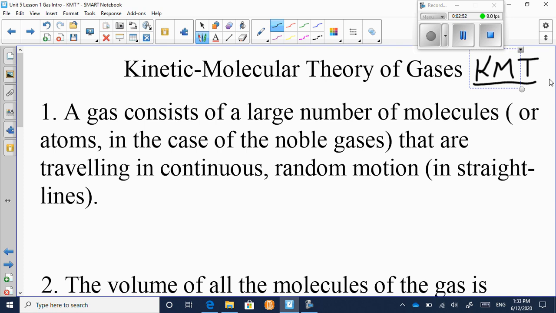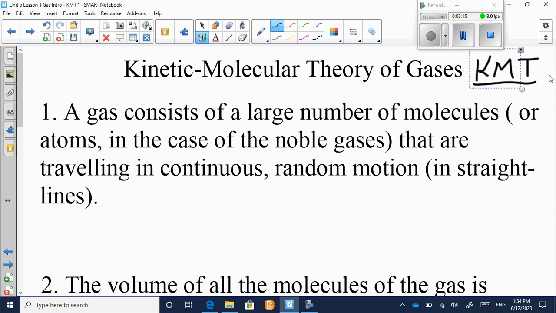There are 5 parts of this theory, and these 5 parts will explain why the gas laws are what they are. And then we're going to go into these gas laws. But let's go over these 5 parts. So these are what chemists have said must be true of gases.